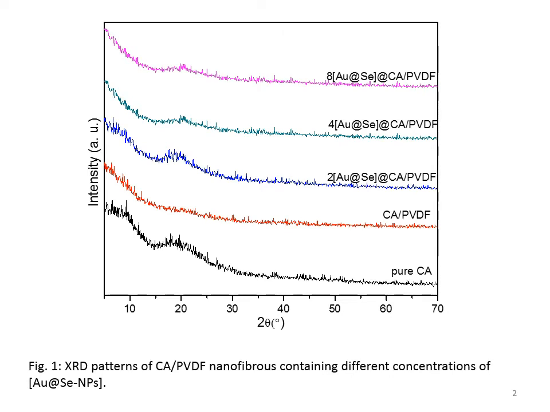is a good way to fabricate nanoparticles because it doesn't need chemicals or solvents, so it could be a fast technique to produce clean nanoparticles, and these nanoparticles then could be incorporated into the blend polymers containing cellulose acetate and PVDF.